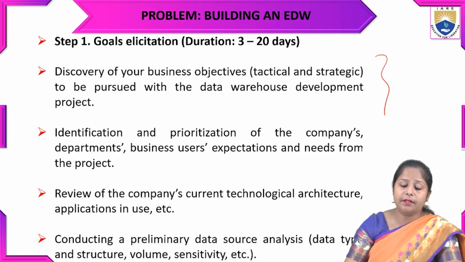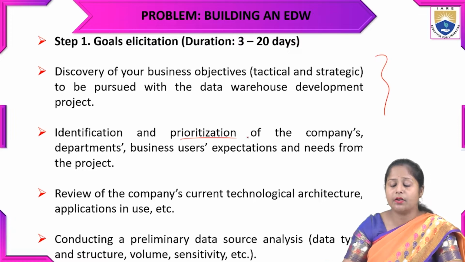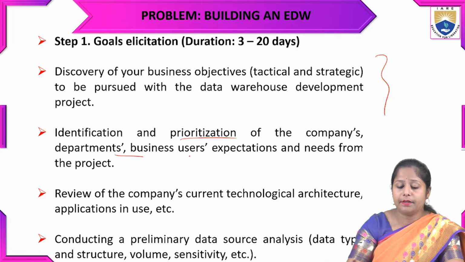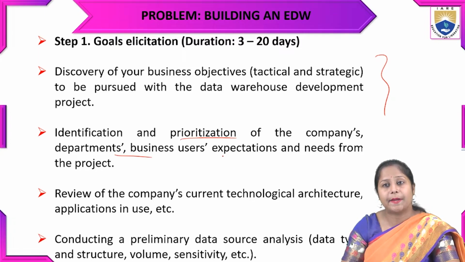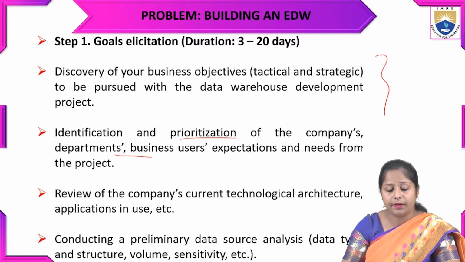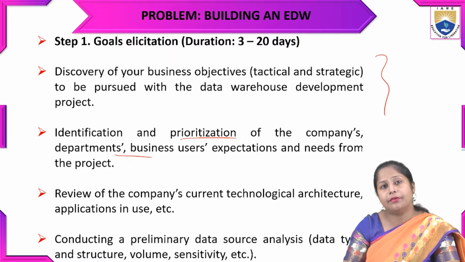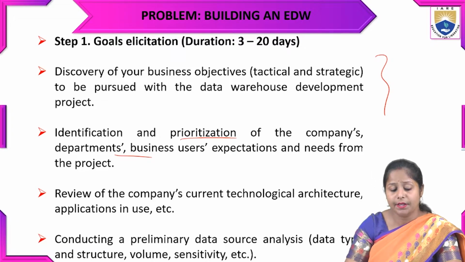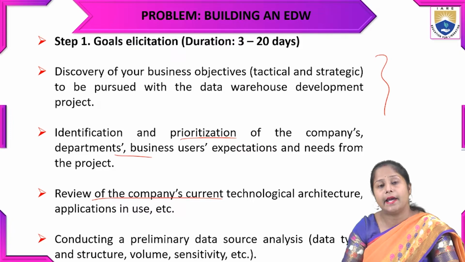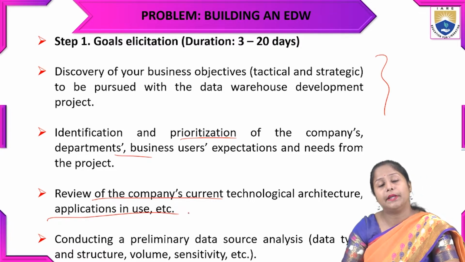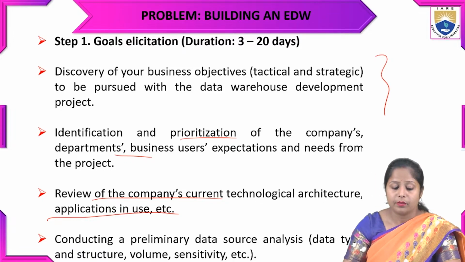Next, we will do identification and prioritization of the expectations and needs from the project, for the department, for the business users, from the industry also. Third, we have to review the company's current technological architecture as well as the applications. What are the recent applications being used?